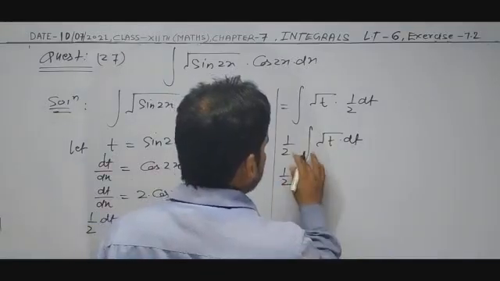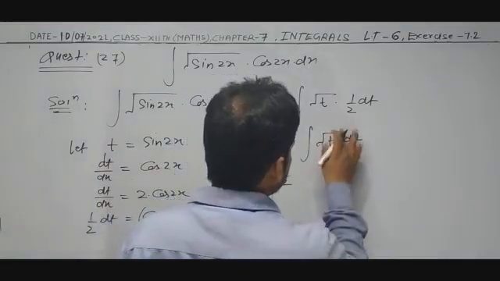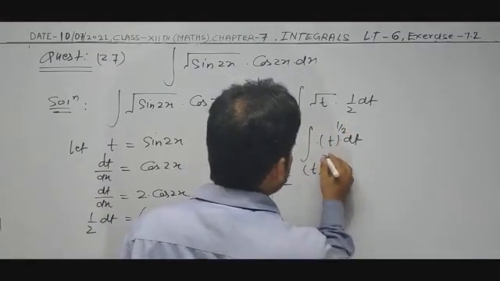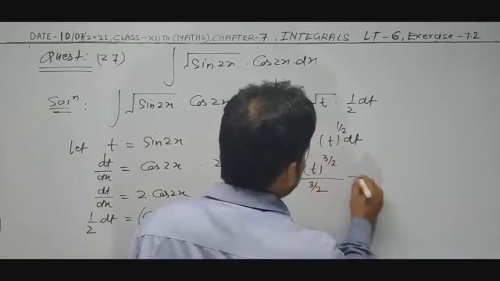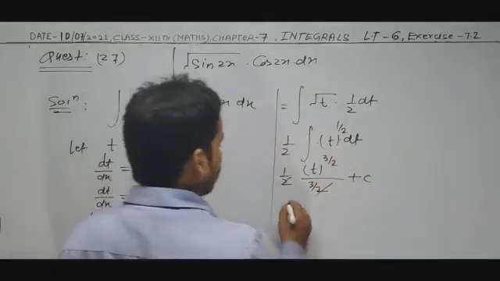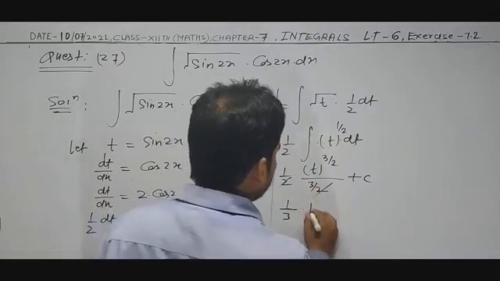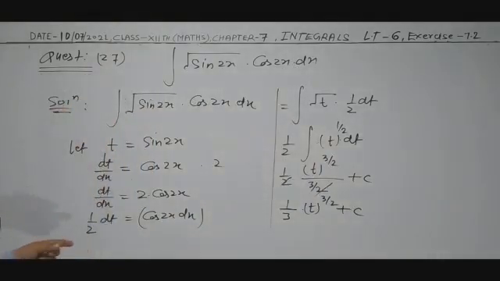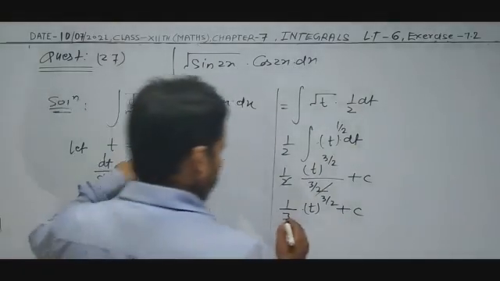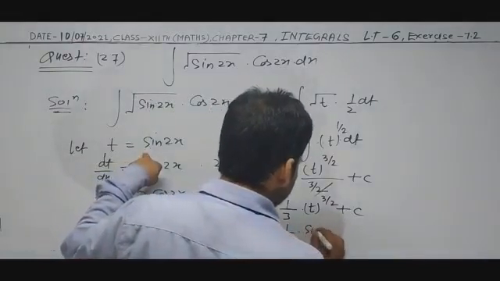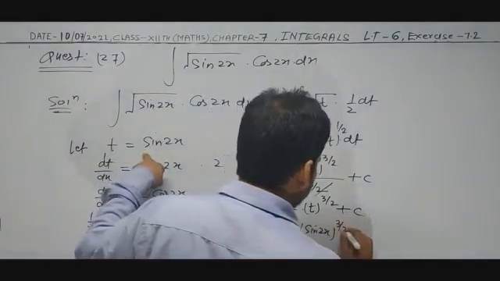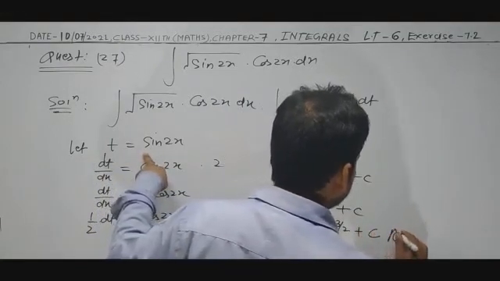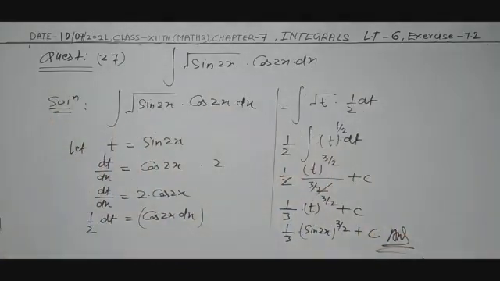So its integration will be t to the power 3 by 2 whole upon 3 by 2 plus c. So 2 will cancel out, and the whole integration result will be 1 by 3 t to the power 3 by 2 plus c, and t is equal to sin 2x. So answer will be 1 by 3 sin of 2x power 3 by 2 plus c. This is the answer.